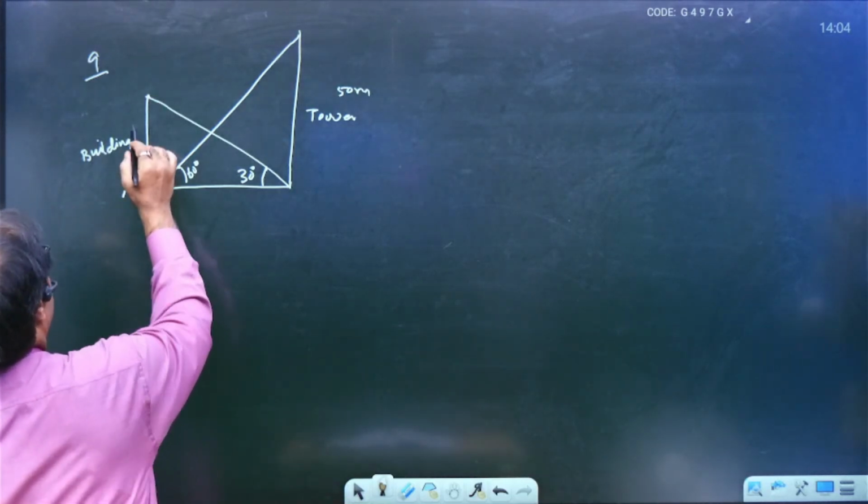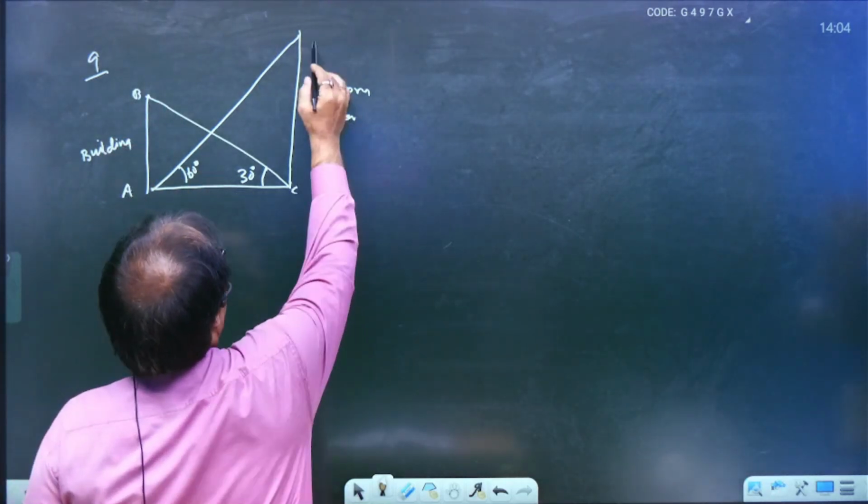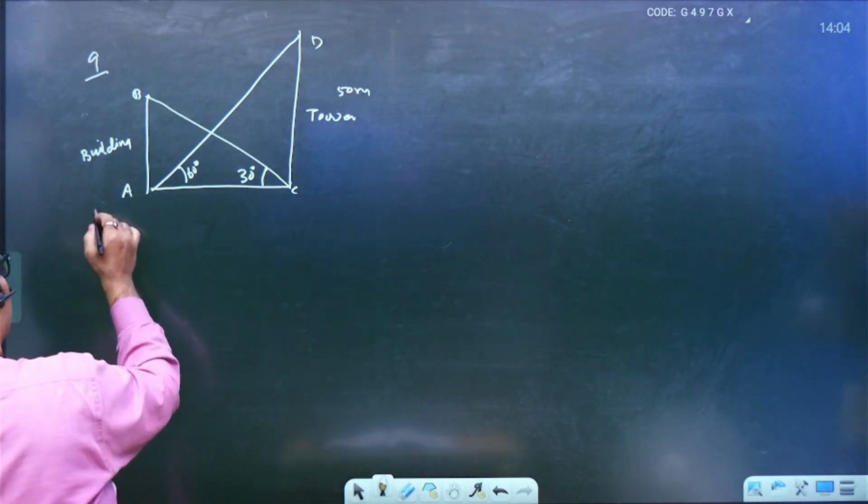So now name it A, B, C, D. Write about the figure.